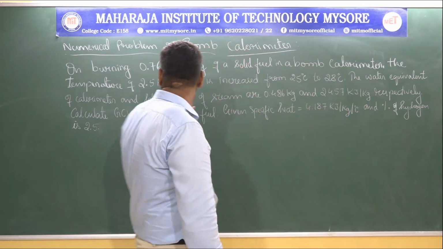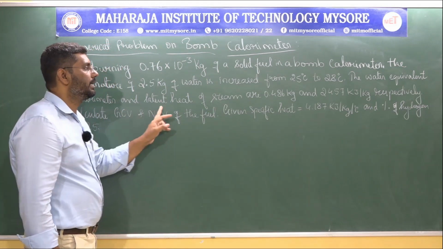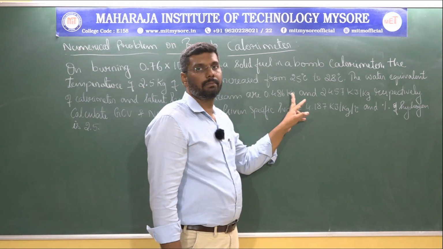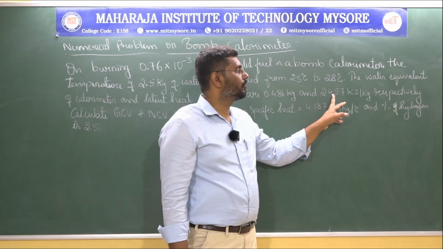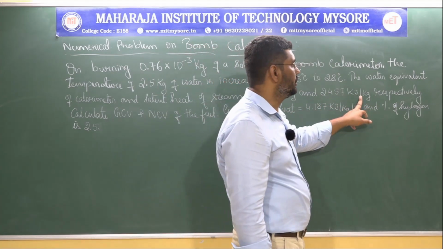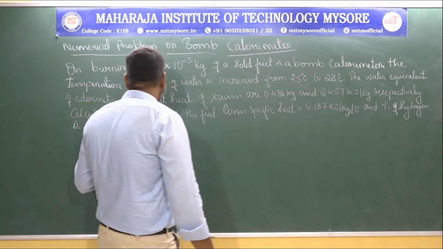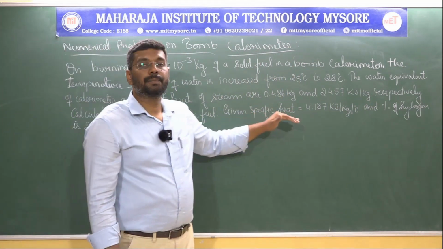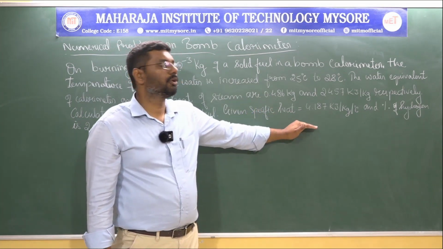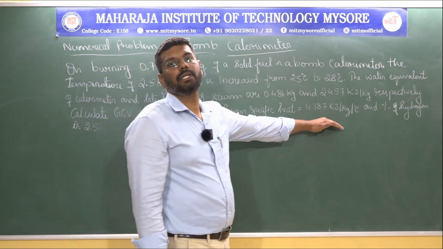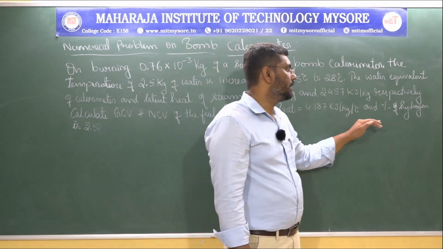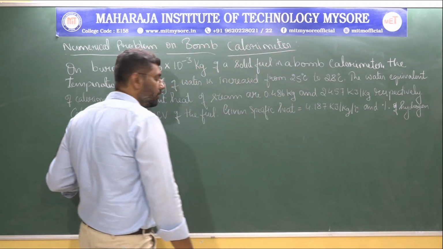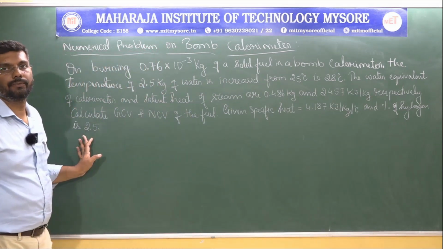And the water equivalent of calorimeter and latent heat of steam are 0.486 kilogram and 2457 kilojoules per kg respectively. Calculate GCV and NCV of the fuel, given specific heat as 4.187 kilojoules per kg per degree centigrade, and he has also given the percentage of hydrogen present in the fuel as 2.5.